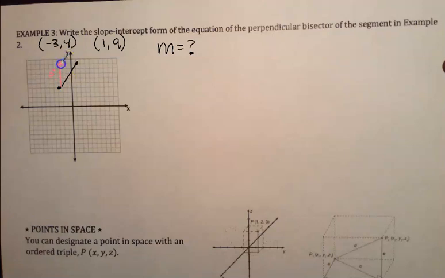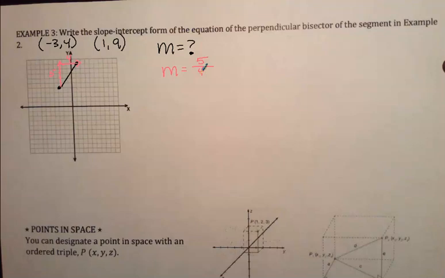And then how many do we go over? 1, 2, 3, 4. It's hard to see on my graph a little bit, but we went over 4. So my slope, m equals, I went up 5, so that's positive for my rise. And my run is to the right, so that's also positive. So my slope is 5/4.